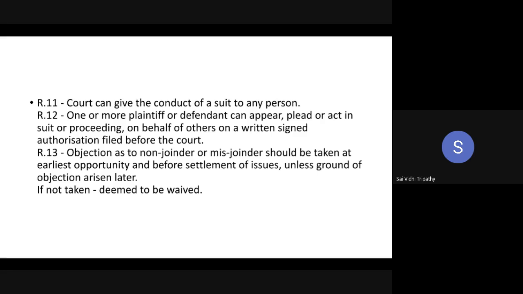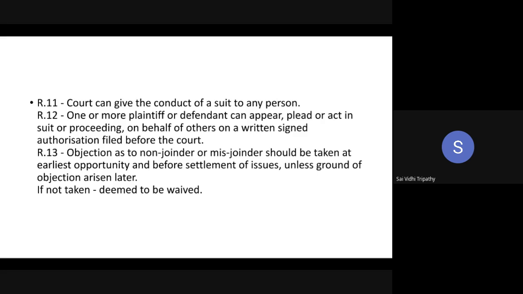If you do not take that objection at the earliest opportunity, it will be deemed to be waived, as if you have not taken it and are not willing to take it at all. That will be the end result: you will not be allowed to take that objection later if you did not take it at the earliest opportunity.